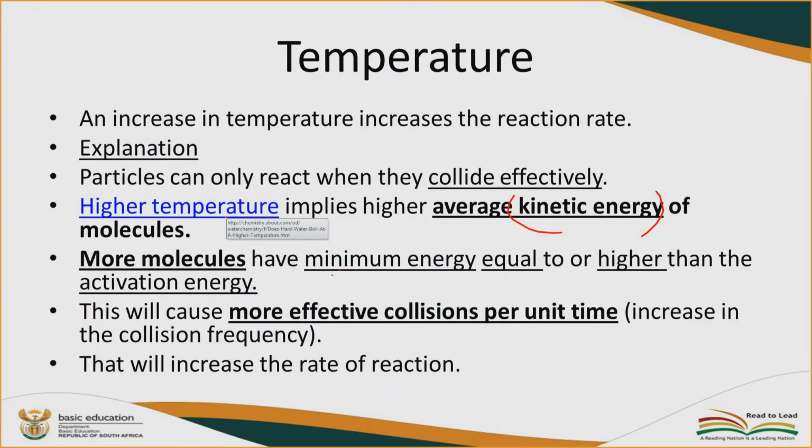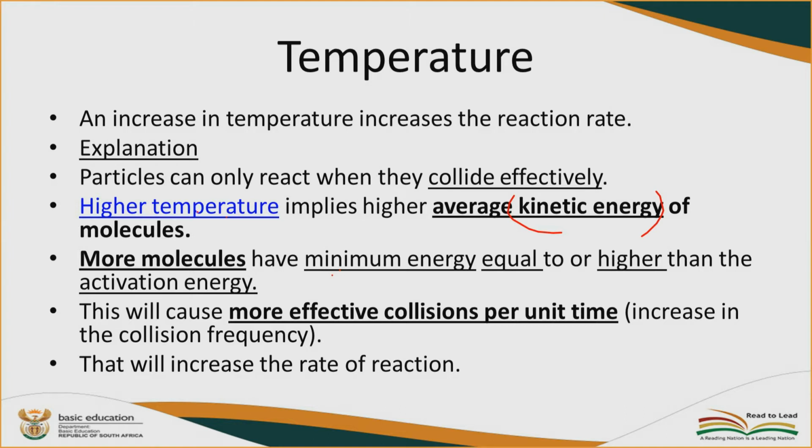What does that mean? It means temperature is your independent variable and your rate of reaction is your dependent variable. It means if you don't change the temperature, or the concentration, or the surface area, the rate of reaction will not be affected.